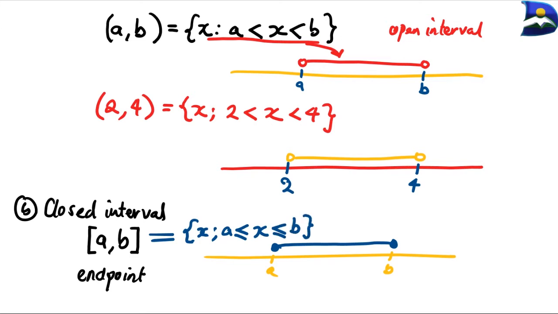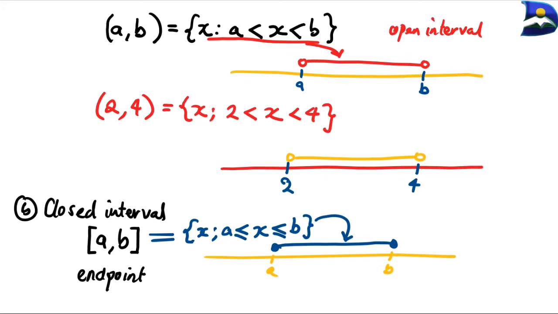And so this illustrates what this number line shows for a closed interval. So a is an endpoint and b is an endpoint. However, for the open interval, 2 and 4 are not endpoints because they are not included in this particular interval here.